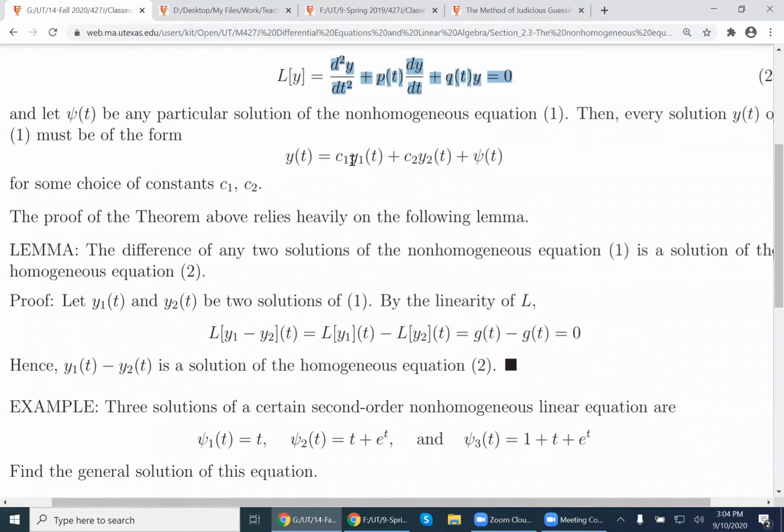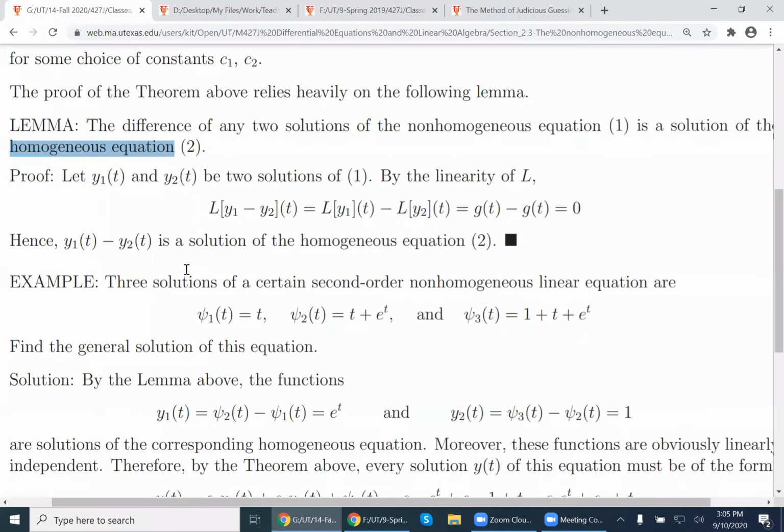Question: how do we find particular, linearly independent solutions of the homogeneous equation? Well, now we use this lemma. This lemma says that the difference of any 2 particular solutions of the non-homogeneous equation is a solution of the corresponding homogeneous equation.